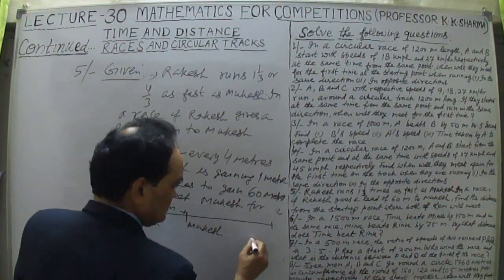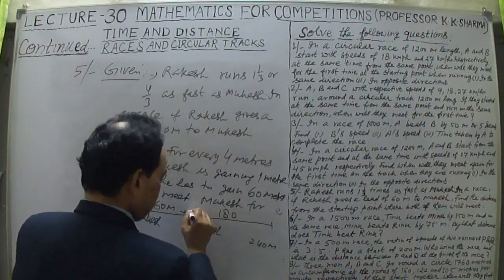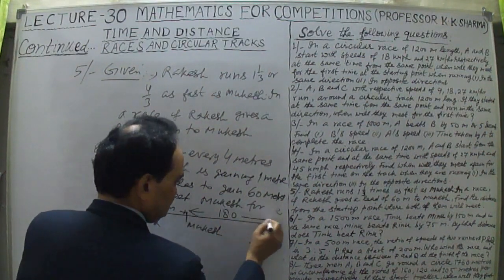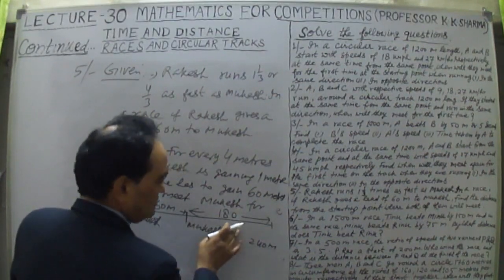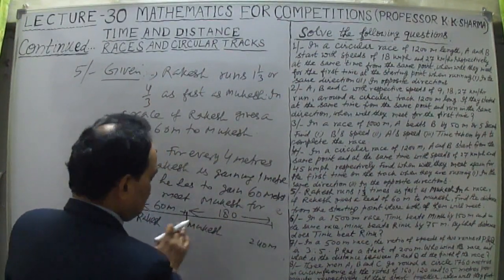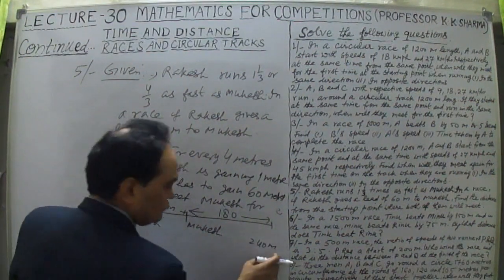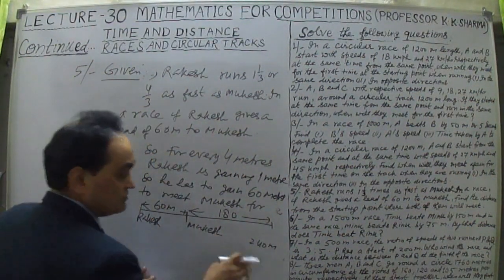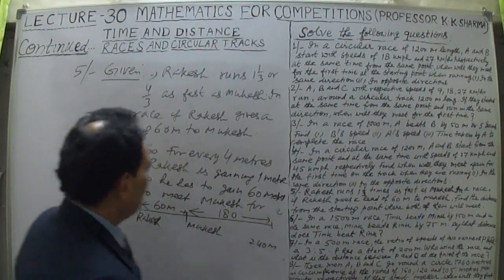Up to this point, there are 240 meters. Mukesh will cover only 180 meters, since 3 sixes are 18, but 60 plus 180 is 240. And Rakesh has to cover 240. After 240 meters, both will meet at the same point, right?